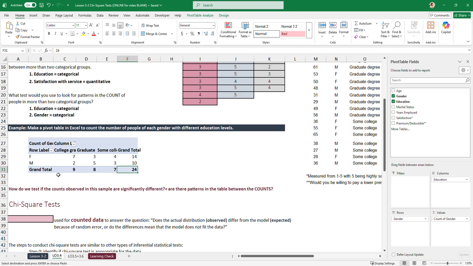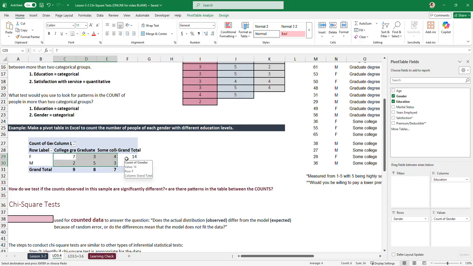What we would want to do is develop some kind of test to determine if these counts have any patterns or if they're significantly different from each other. When we talk about being significantly different or not, we do mean a statistically significant difference, which comes down to inferential statistics. And for inferential statistics, we want the probability of an event happening, which means we are looking for a p-value.